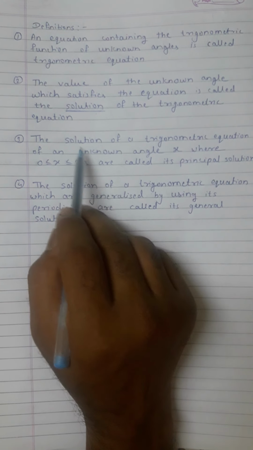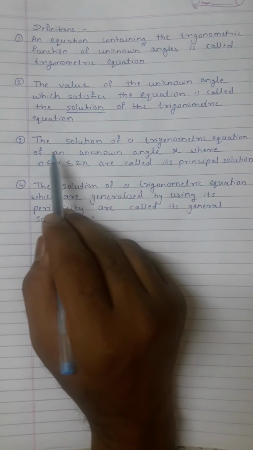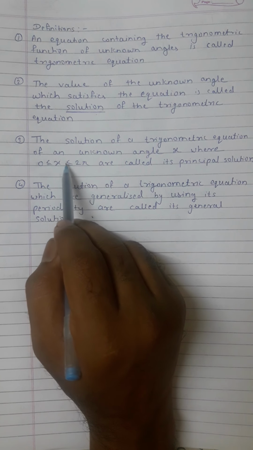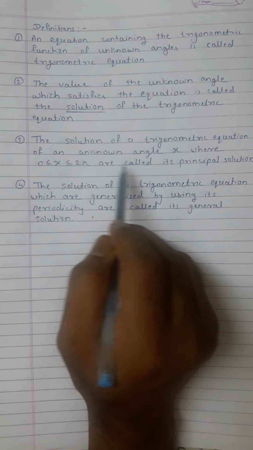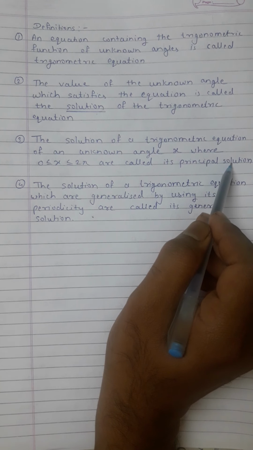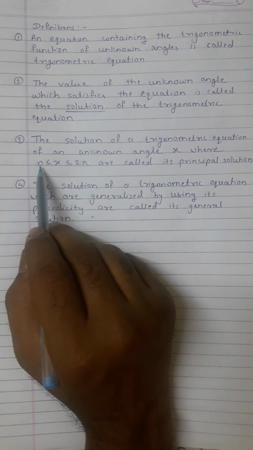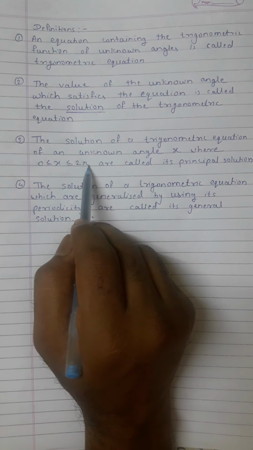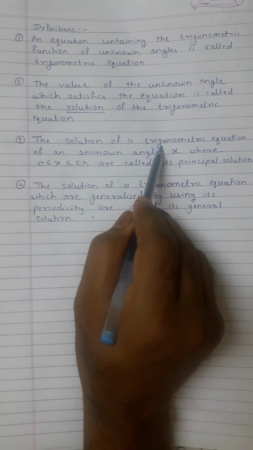So what is principal solution? The solutions of a trigonometric equation of an unknown angle x where 0 is less than or equal to x less than or equal to 2 pi are called its principal solutions. Principal solution means all the values of x between 0 to 2 pi which satisfy the given trigonometric equation.